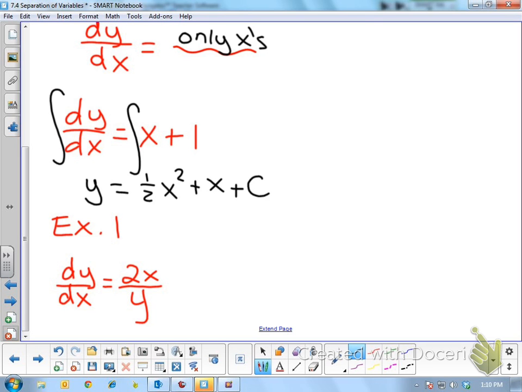But because this consists of divide, or if it consisted of multiply, I can rearrange stuff in such a way that I could integrate. So the way we know something is separation of variables is if it has x's and y's together on the right side, and we could move stuff around with multiplication or division. That's the only type. If that was 2x plus y, we'd throw up our hands and burn our books because we don't know how to do it.